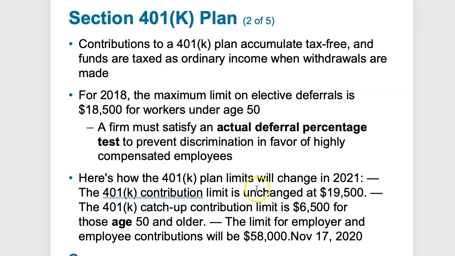Now, this is a combination of employer and employee contributions. So even though the employee contributions, the most you could, if you're age 50 or over, the most you could put into a 401k is $26,000.